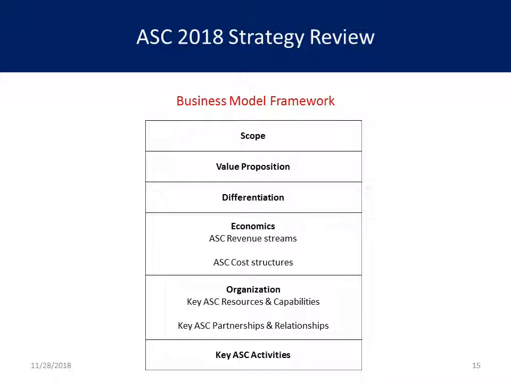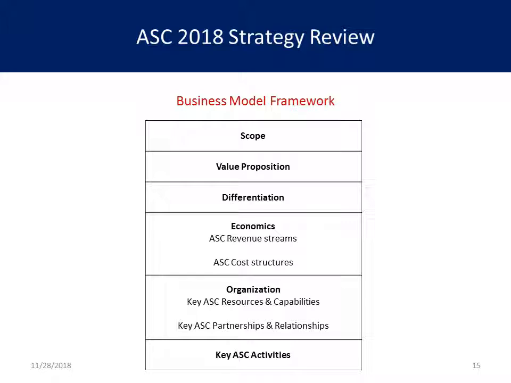So this slide shows a business model framework that corresponds directly with the background document on business model framework. The first part is we have to be able to define exactly what business we're in. So we have to specify what the ASC offers to whom, when, where, and how. That could be in the form of product, target customer segments, markets, and channels. So that is product and market specification, which is one of our tasks.